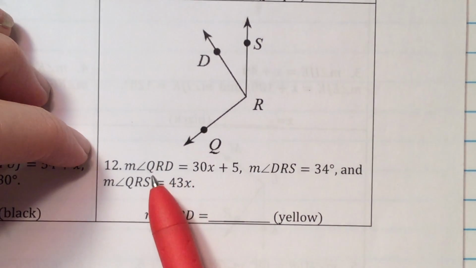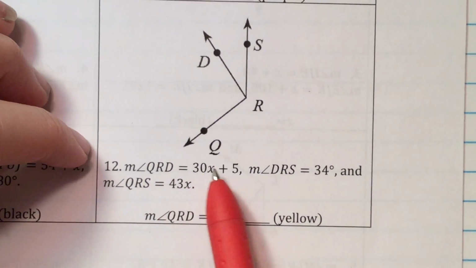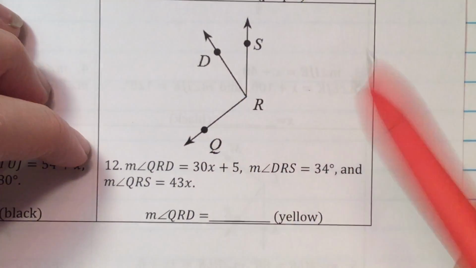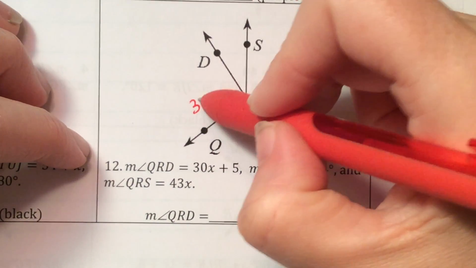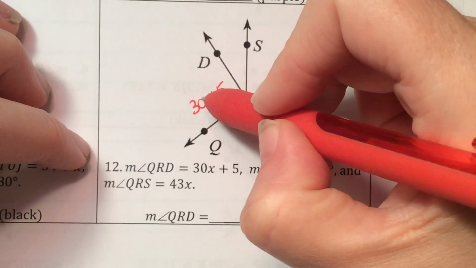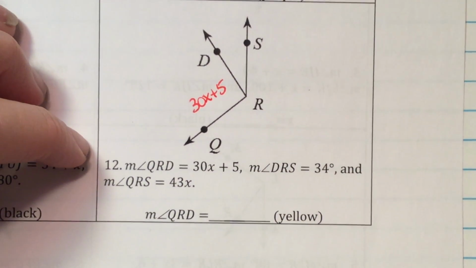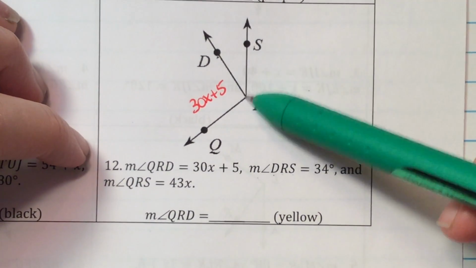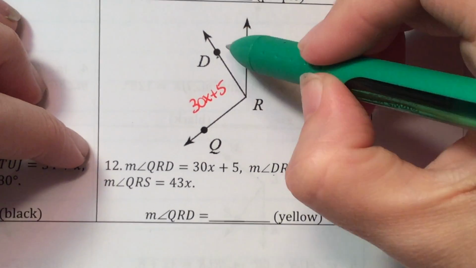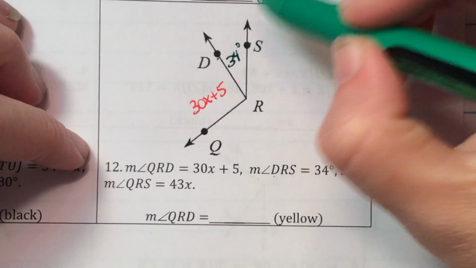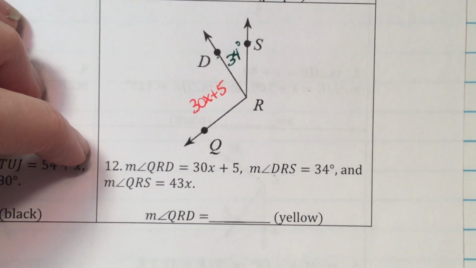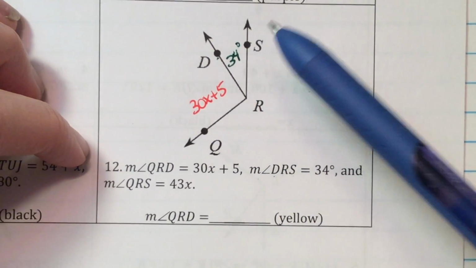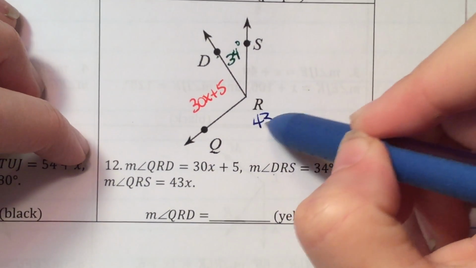It says the measure of QRD is 30x plus 5. So QRD, so that would be this one, 30x plus 5. Then we have the measure of angle DRS. DRS is 34. And QRS, that would be the big one, is 43x.